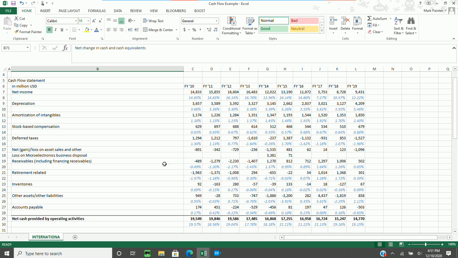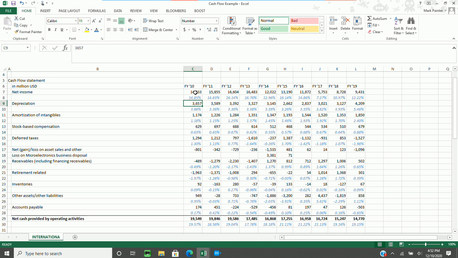So the net cash from operating activities, which is down here, basically starts with net income, and then you add back certain parts of the accounting that are non-cash charges.